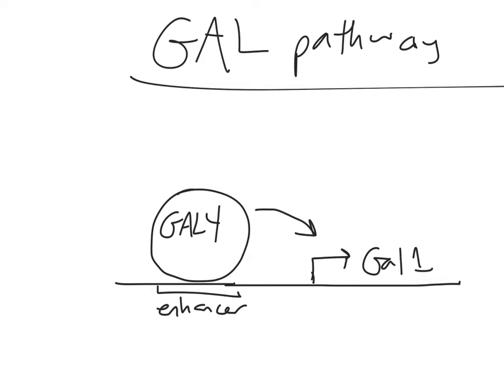So what happens next? So that's on. How do we turn it off? How do you keep Gal4 from turning on gal1 when there's no galactose around?